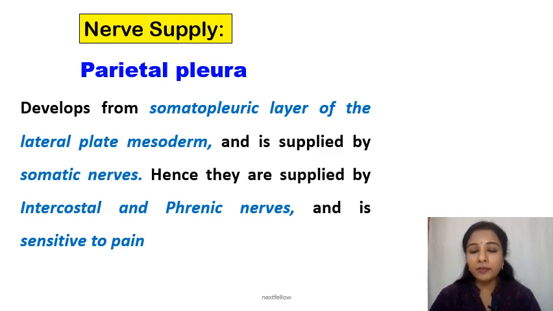So nerve supply, we know the parietal pleura is along with the body wall, so it is derived from the somatopleuric mesoderm. So it is supplied by intercostal nerves and phrenic nerves. And the parietal pleura is pain sensitive because it contains pain receptors.